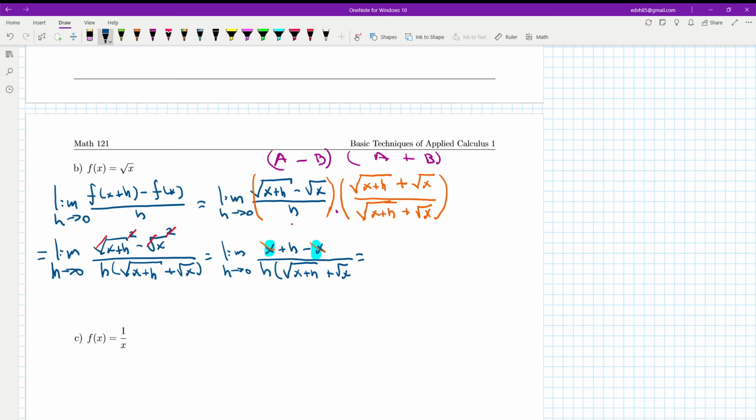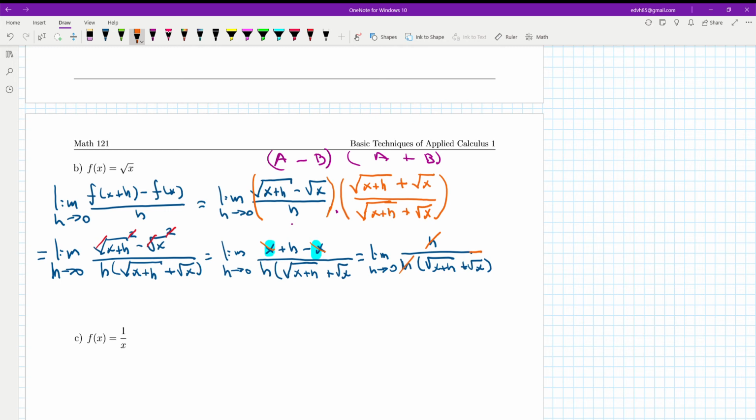And this will be limit. So when these two disappear, we're left with the limit as h approaches 0 of h over h times the square root of x plus h plus root of x. And again, these two h's cancel, leaving us with a 1 in the numerator.